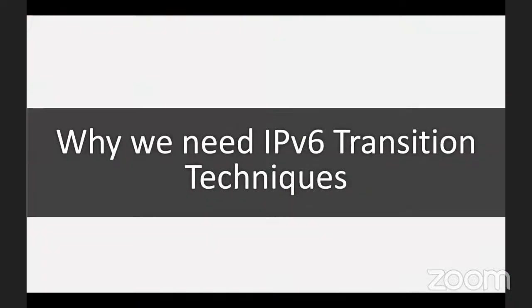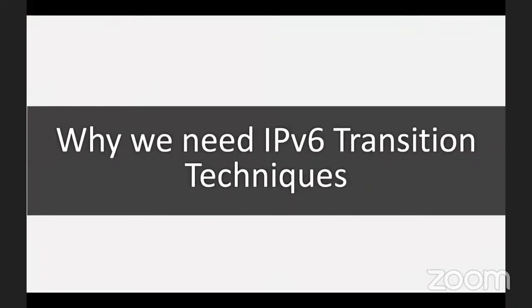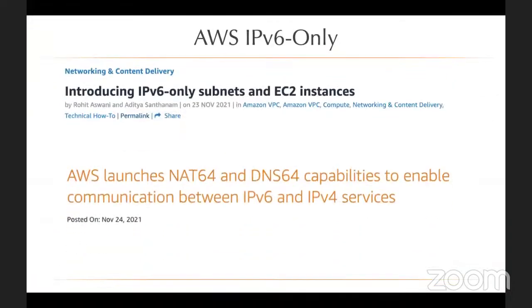with why we need IPv6 transition techniques. And before we look at that, last month, AWS enabled IPv6-only subnets and EC2 instances. And this was big news because the use case for this is if you're doing serverless applications or using containers or doing setups which require a lot of IP addresses, you may need to have IPv6-only subnets and EC2 instances.